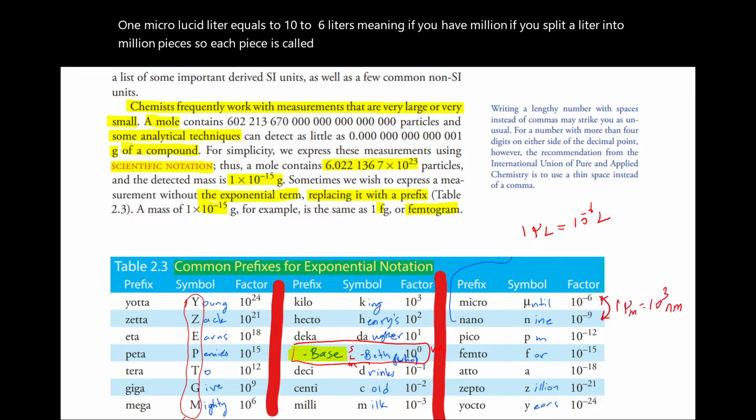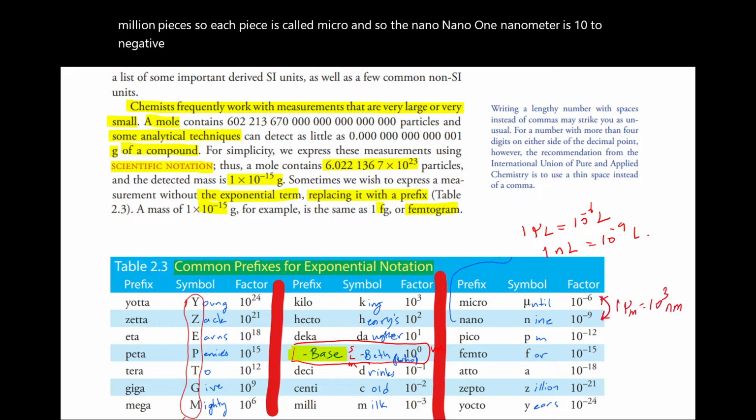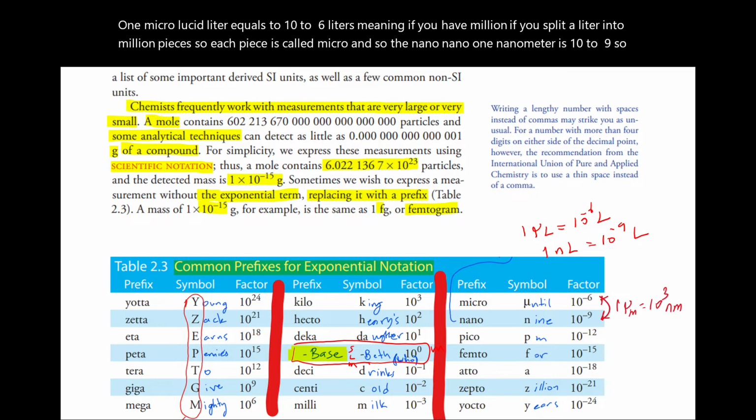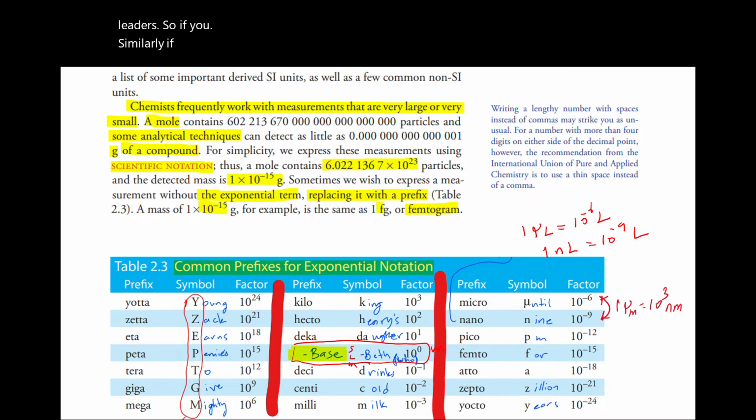And so the nano, 1 nanoliter is 10 to negative 9 liters. Similarly, if you split a liter of solution into a billion equal volumes, each volume will be a nanoliter.